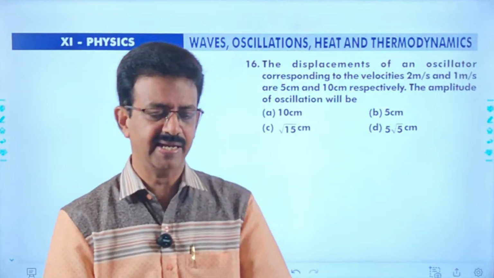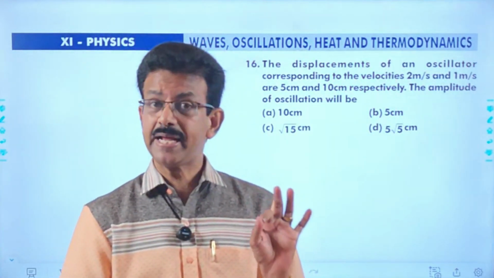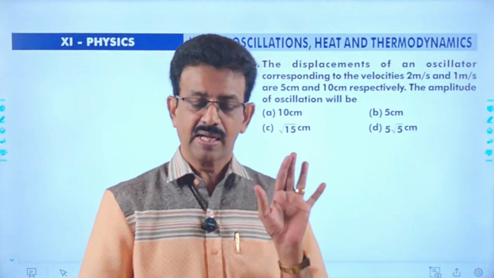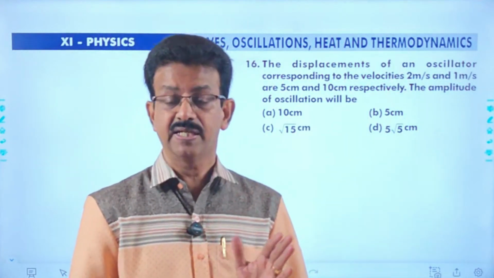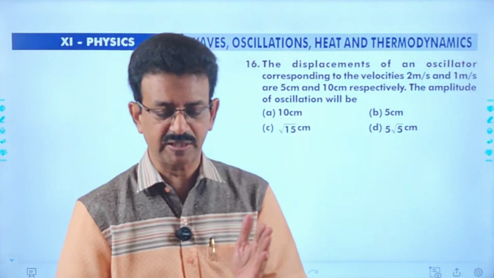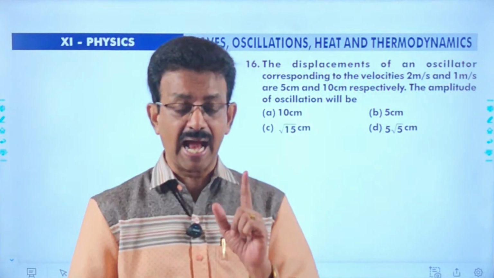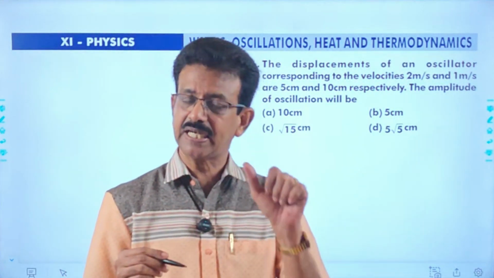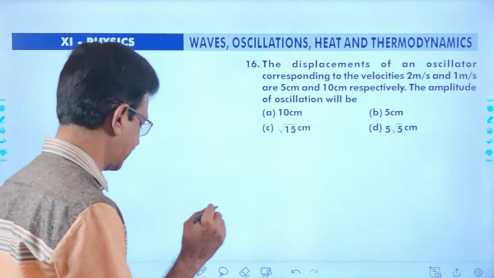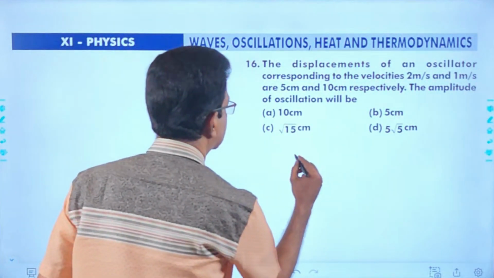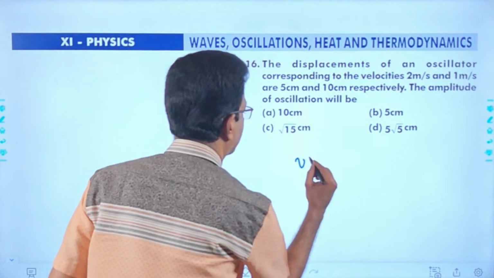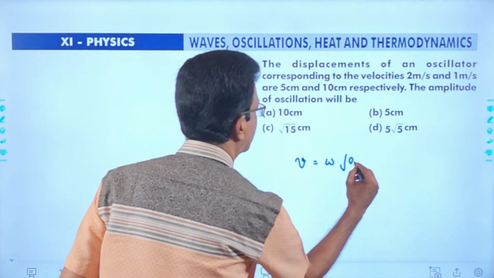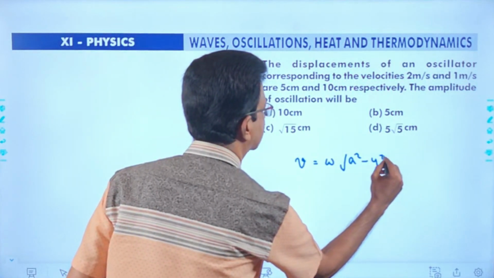Question number 16. The displacements of an oscillator corresponding to the velocities. Two velocities are given, two displacements are given, and the amplitude of oscillation we have to identify. The expression connecting these terms is velocity v equal to omega root of a square minus y square.